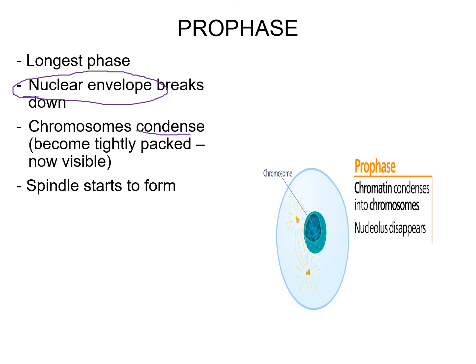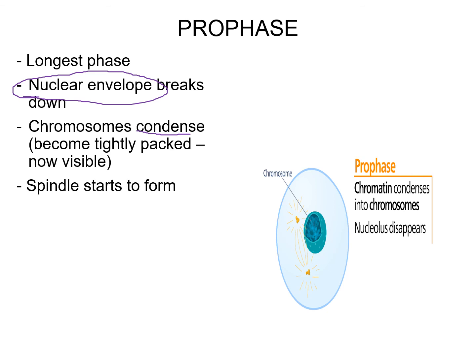And the spindles are kind of like these little legs, or these tentacles, if you will. These tentacles are going to grab on to the chromosomes, and they're going to pull them in different directions. So we're going to have half the chromosomes getting pulled to the North Pole, and the other half being pulled to the South Pole. And at the end of it, we're going to have 46 chromosomes on each pole.